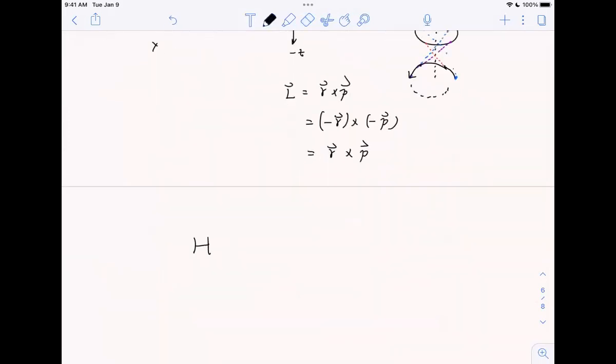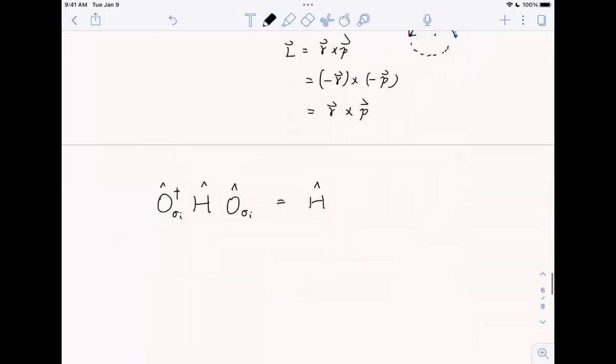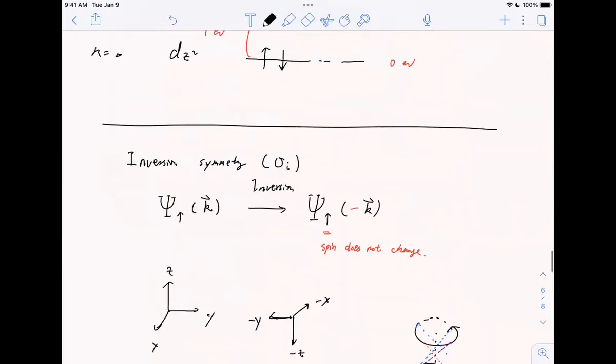So let's say you have an operator of inversion, sigma I. Your Hamiltonian under inversion will be the same.